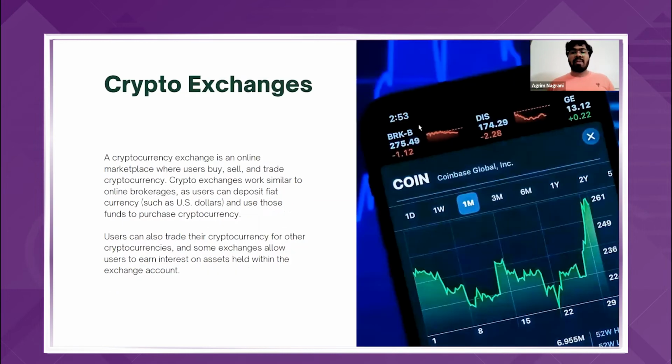Now coming towards crypto exchanges, which let common people and users buy, sell, trade, and invest in particular cryptocurrency. It is similar to the online brokerages present in the stock market, as we all know about Zerodha, Upstox, Angel Broking.